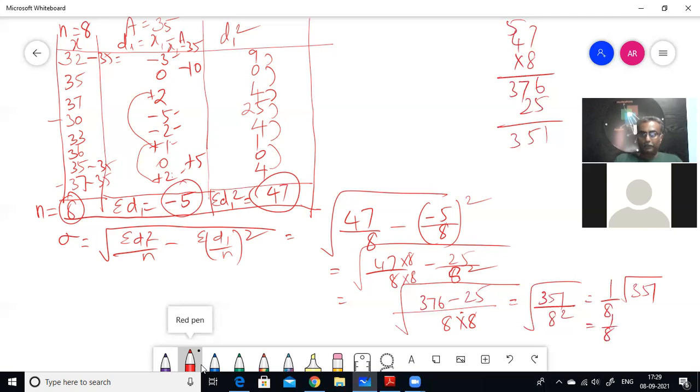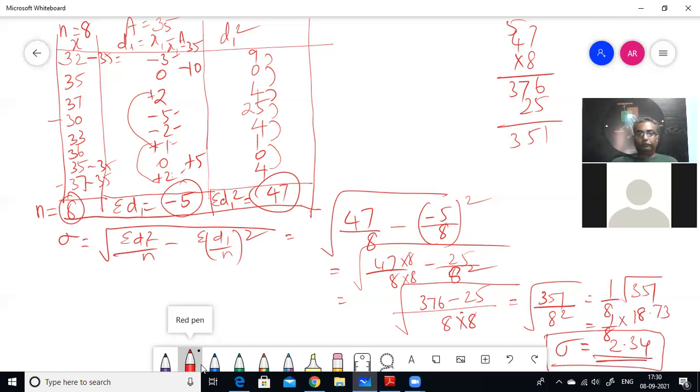So now 18.73 divided by 8 is equal to 2.34. So the standard deviation of this set of values is equal to 2.34.